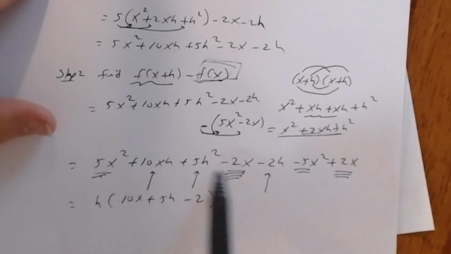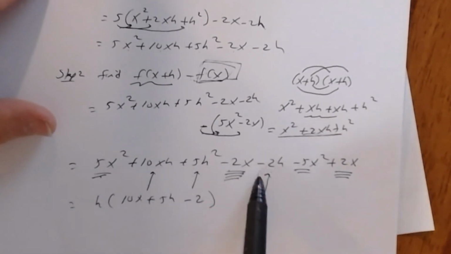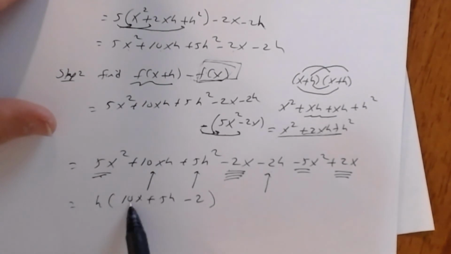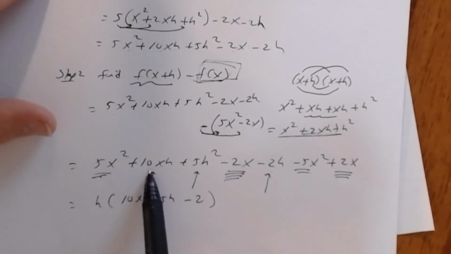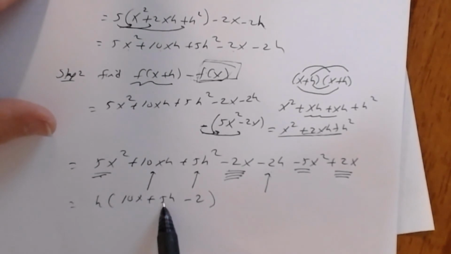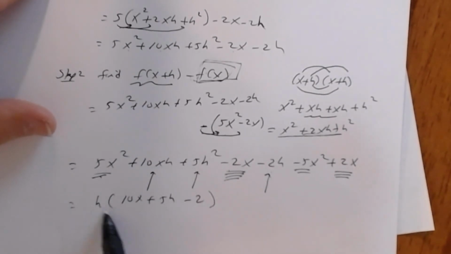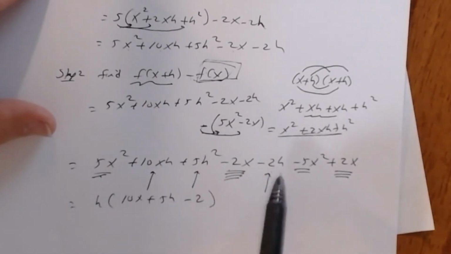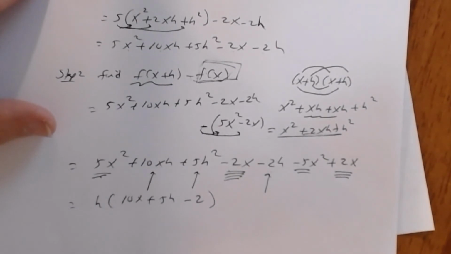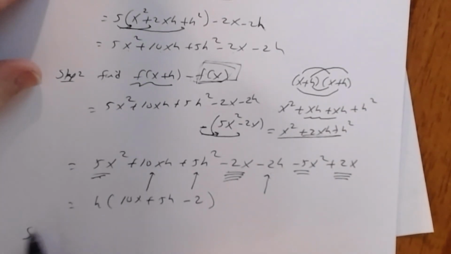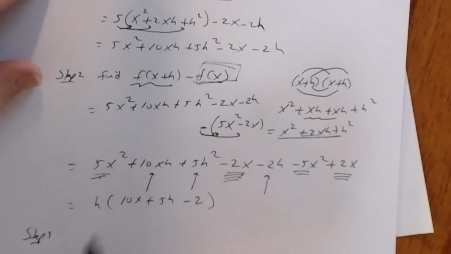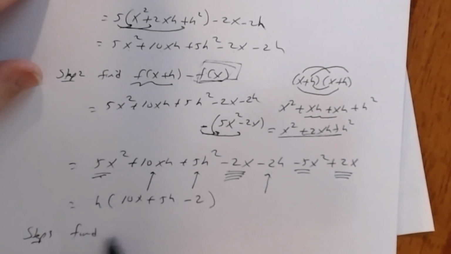So whatever is left of these 3 terms is this, because h times 10x is 10xh. H times 5h is 5h squared. And then h times a negative 2 is a negative 2h. All right, so that's step 2. Now step 3, remember, is to find the quotient.